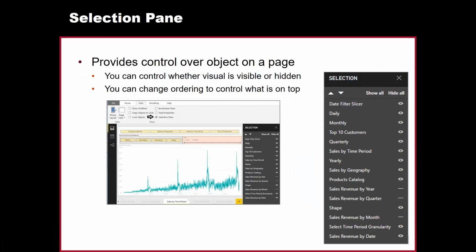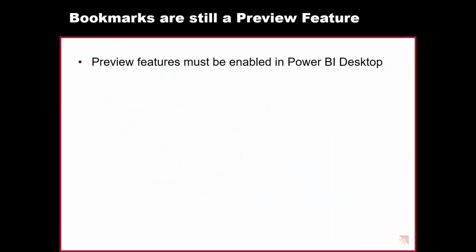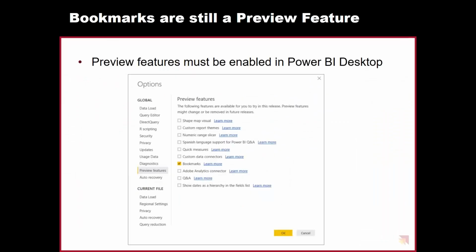Okay, now in addition to the selection pane, we have bookmarks. Now remember that even now, as of January 2018, bookmarks are still in preview, which means that if you want to use them in Power BI Desktop, you have to go to the options dialog and turn on bookmarks and basically restart Power BI Desktop.